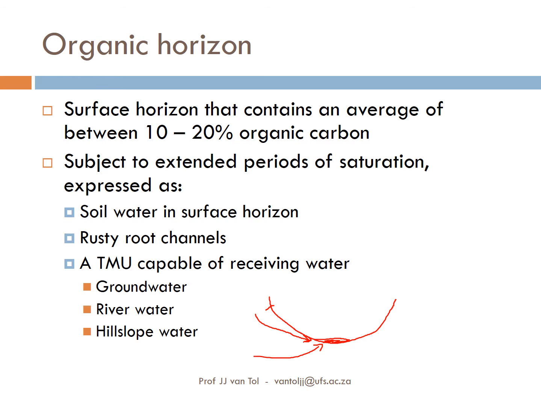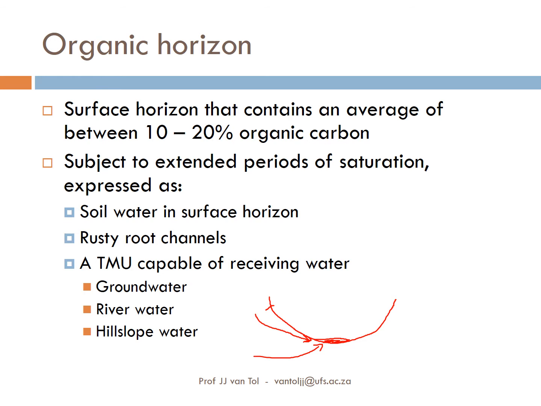So when you find these high organic carbon content horizons, like the organic horizon, like the peat horizon, it just tells you that there's something special about them. It's a specific environment, it's an accumulating environment, it's waterlogged for long periods. It's not natural to find, or you don't find this often.